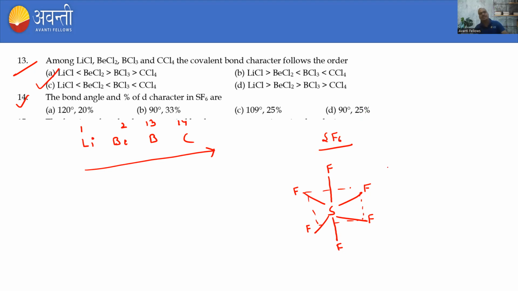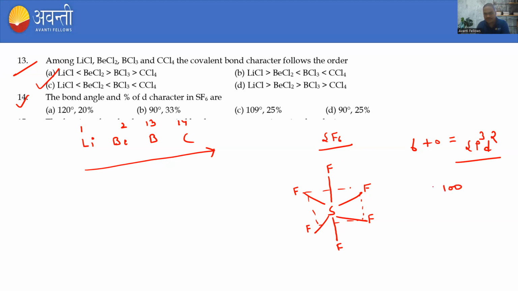The hybridization of SF6: the number of sigma bonds it forms is 1, 2, 3, 4, 5, 6, right? 6 plus 0 lone pairs. So 6 means sp3d2, right? Now they are asking the percentage d character. So we know that in total we have 6 orbitals.